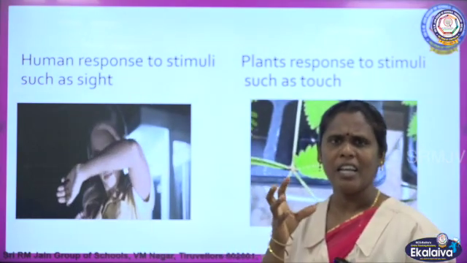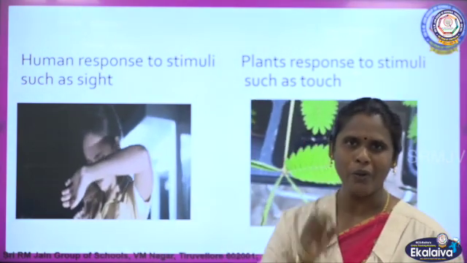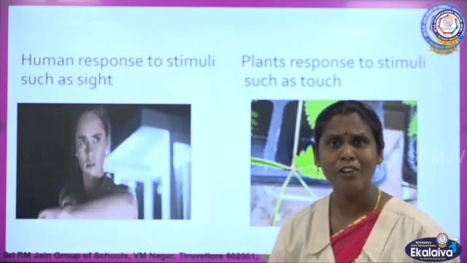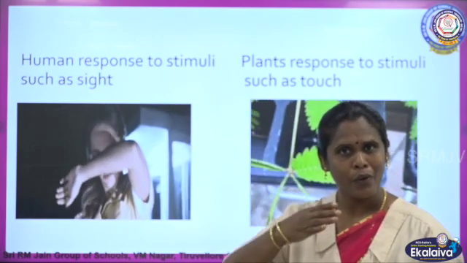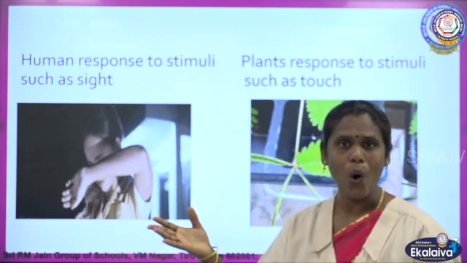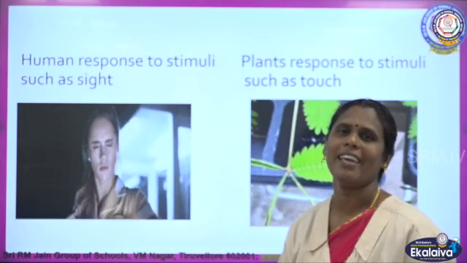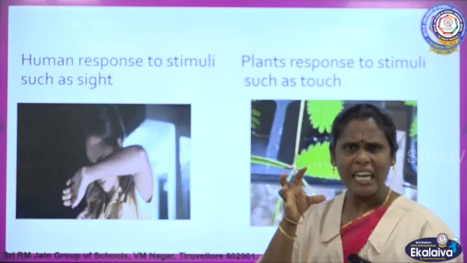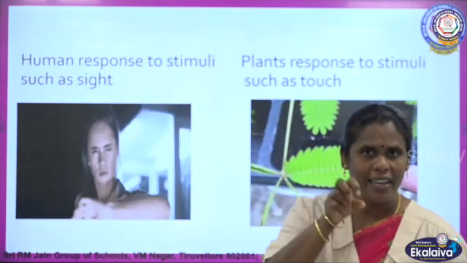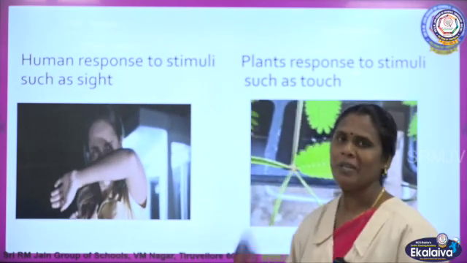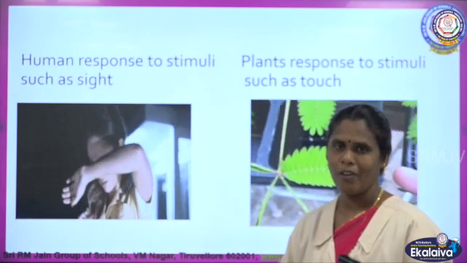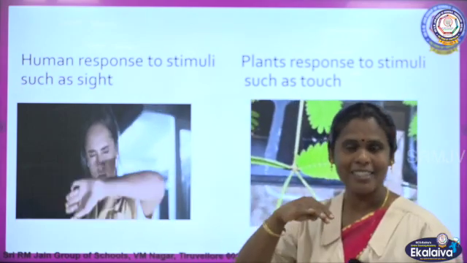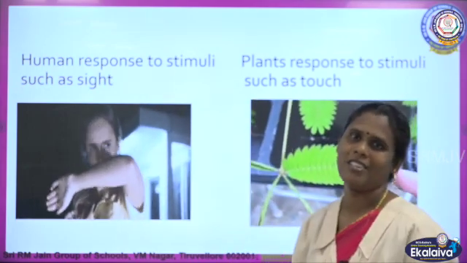When a light is focused on your eyes, what will you do? You turn away or hide your eyes. So here, when the light is focused on your eyes, that is a stimulus. When you hide, that is a response.